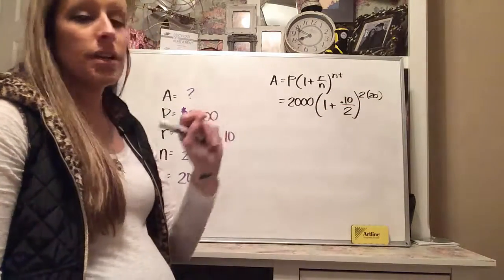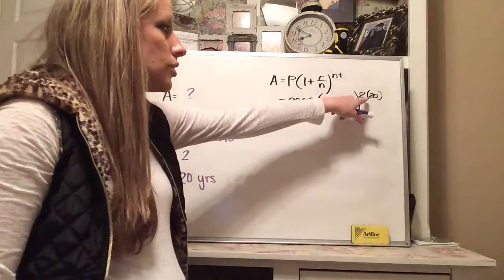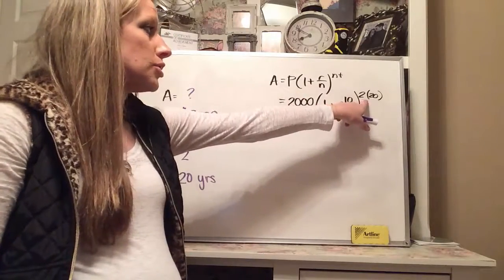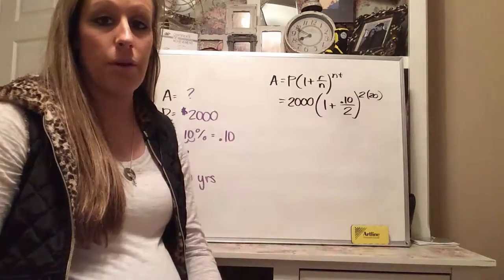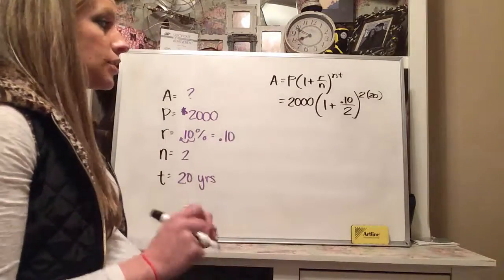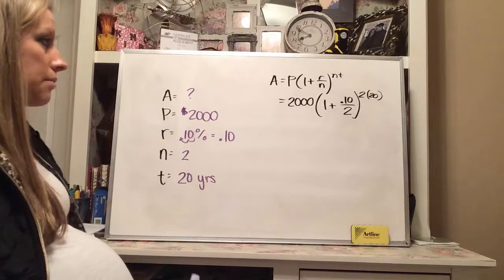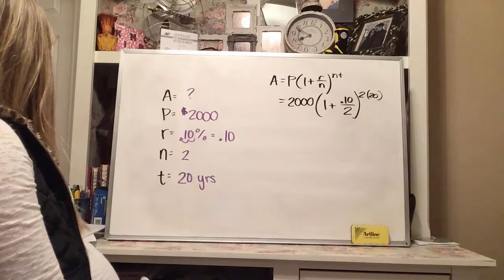Then push the caret button, 2 times 20. Make sure both the 2 and the 20 are in the exponent. It's a really small number. So go ahead and punch that in. I'm going to give you a little bit to get that punched in, especially since this is the first time we're doing this.